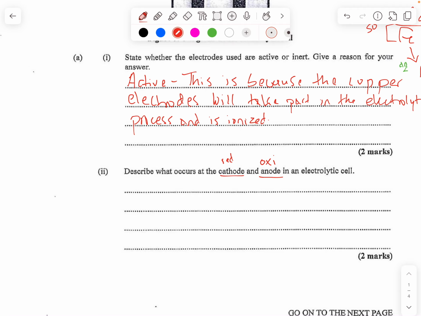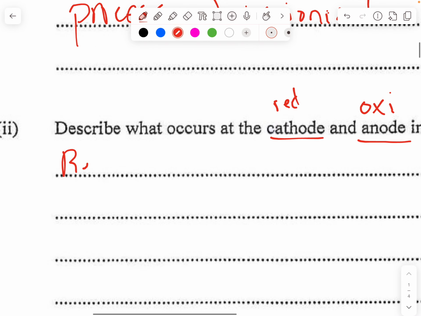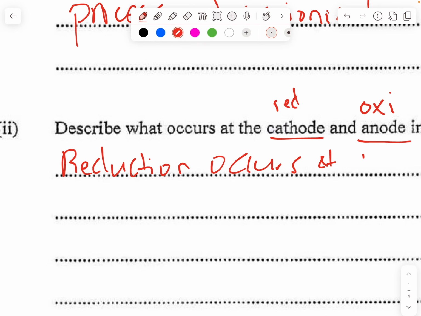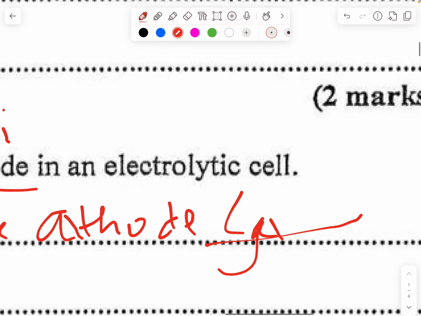Okay, so we can say that reduction occurs at the cathode, and we know that reduction is the gain of electrons. We're gaining electrons.